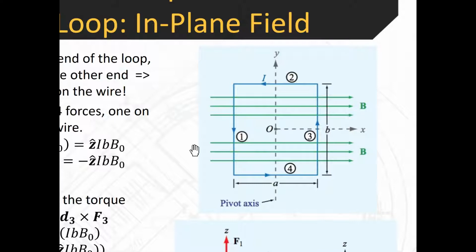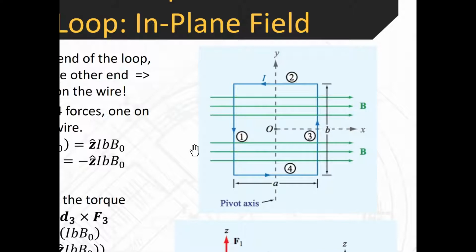Maybe we can start with segment 1. It's going to have force coming out of the screen at us, right? Correct. If everyone wants to follow along, first finger's pointing down. That's the direction of the current.